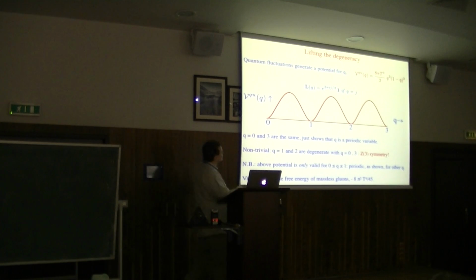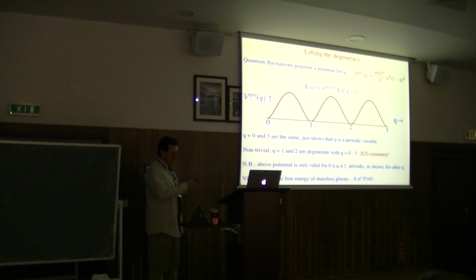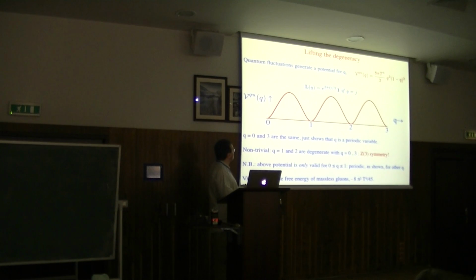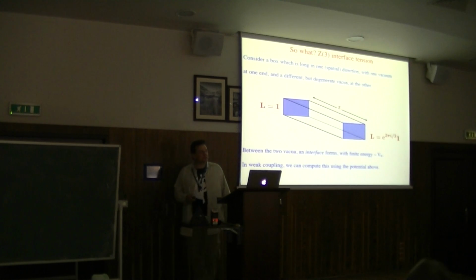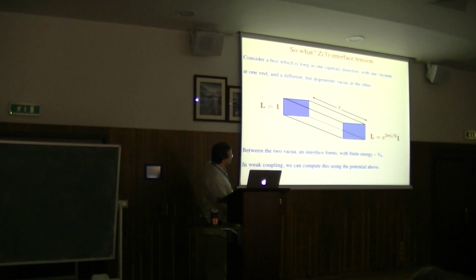So this is very nice. We had a potential, we lifted the degeneracy, and then we can ask about the following problem. I could consider a kind of tunneling problem. I could consider tunneling, this is a valid vacuum, this is a valid vacuum, but they're different vacua. The Z3 phases are different. So we can consider an interface tension. We can consider a box that's long in one dimension.